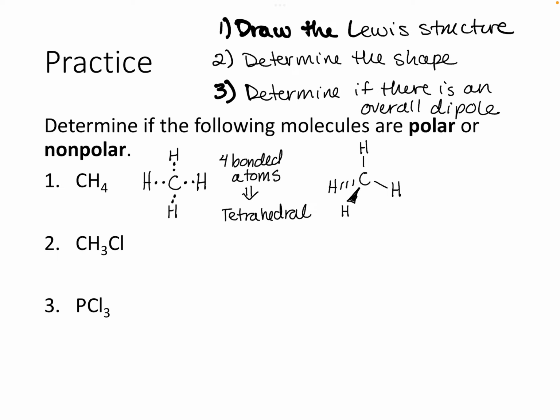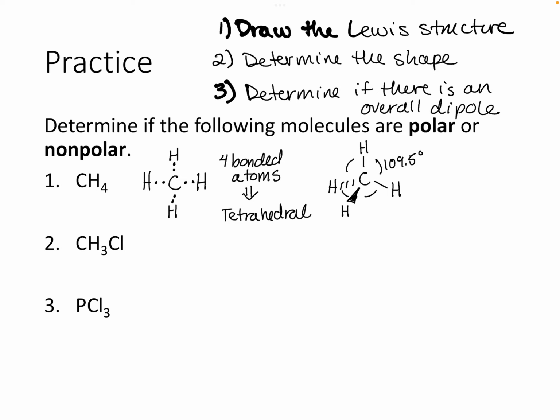Now, the main point here is that each of these hydrogens are equally spaced around that carbon, and the bond angle is 109.5 degrees for each of those hydrogens.